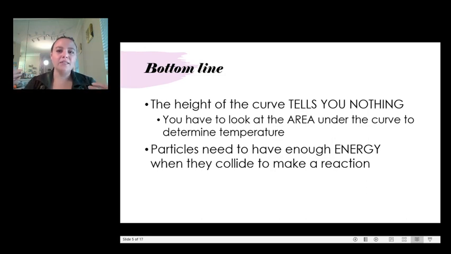Bottom line, the height of the curve tells you nothing. You have to look at the area under the curve. And your particles have to have enough energy, that activation energy, when they collide to make a reaction.